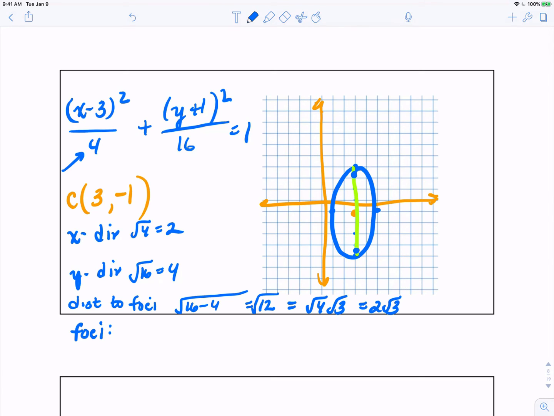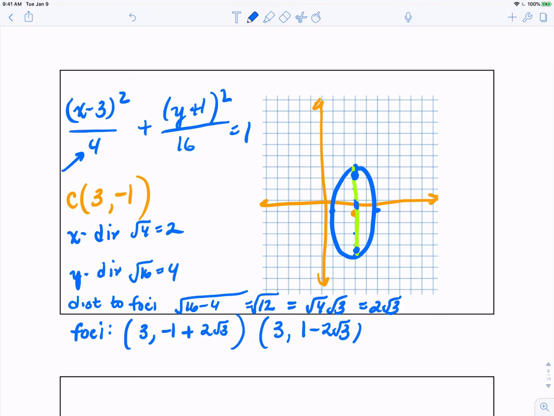So if we wanted the coordinates of these, notice that they have the same x-coordinate as the center. So one coordinate is going to be 3, comma, and then from the y-coordinate of the center, you add 2 radical 3, and you also subtract 2 radical 3.